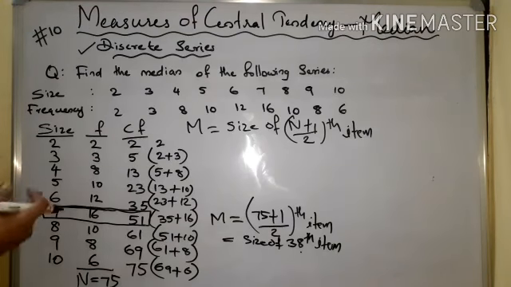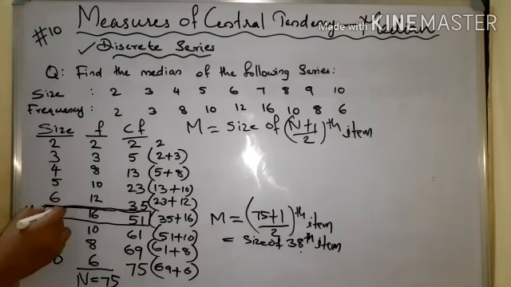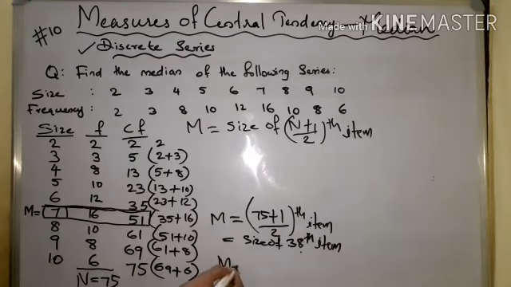Then the median you will get from the size or from the variable. So median is equal to 7. So M is equal to 7. Answer is 7.